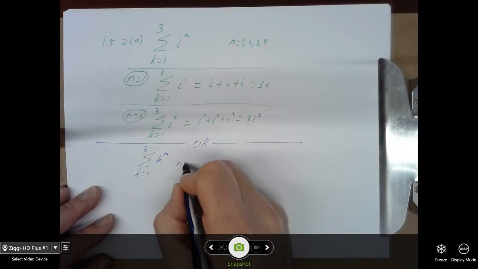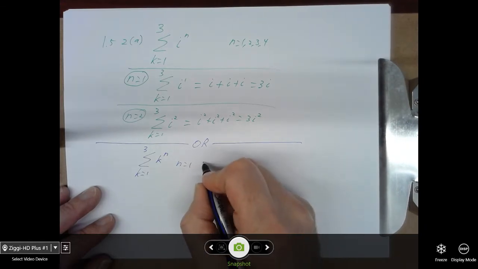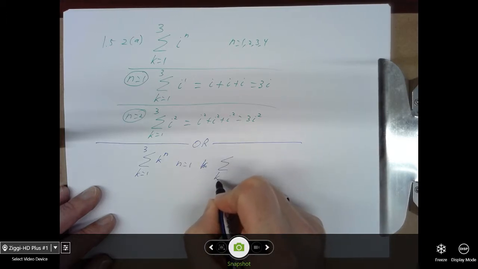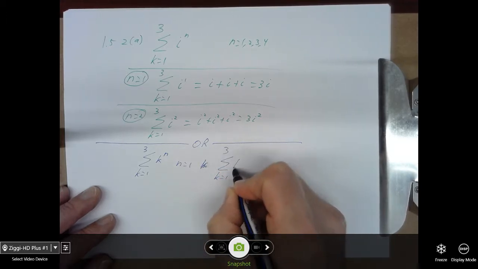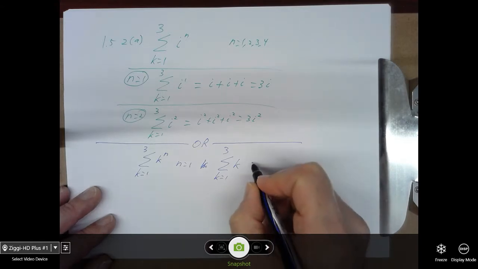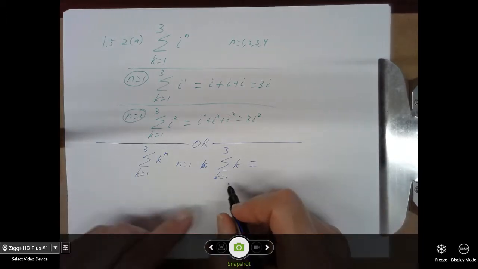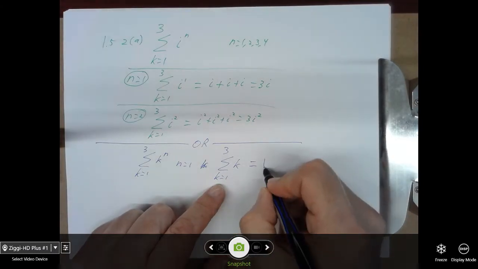So if n equals 1, this is the sum from k equals 1 to 3 of k. So what is this sum equal to? If we spell it out, set k equal to 1, this expression is equal to 1.